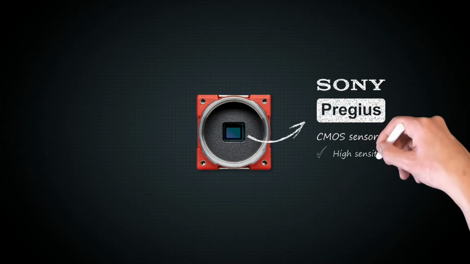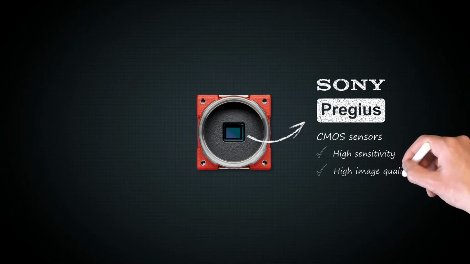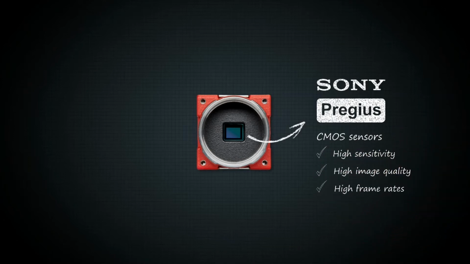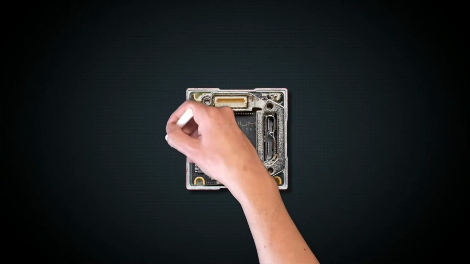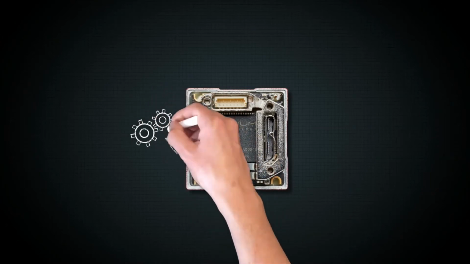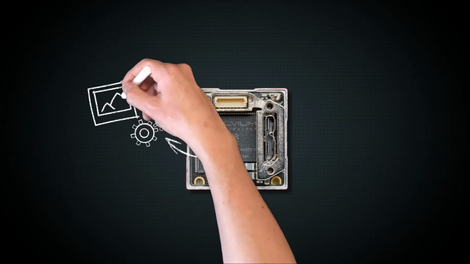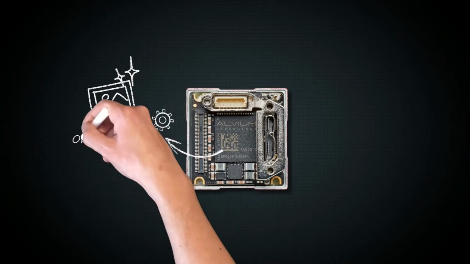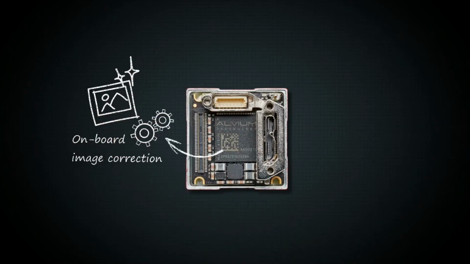These sensors deliver an outstanding image quality at high frame rates. Like any machine vision camera, the ALVIUM 1800 series comes with built-in image correction and pre-processing capabilities to optimize the image for your application on board the camera. This frees up CPU capacity on the host.